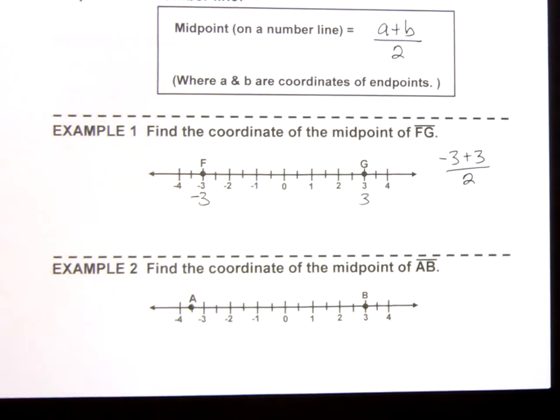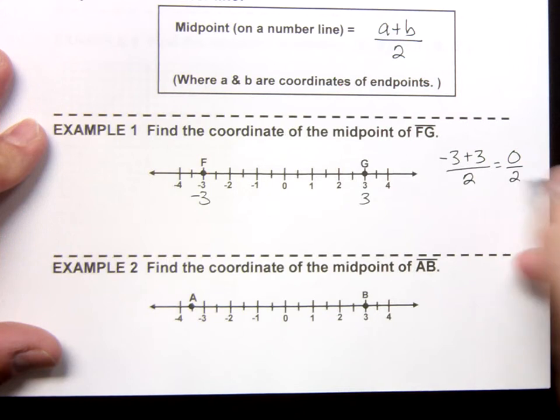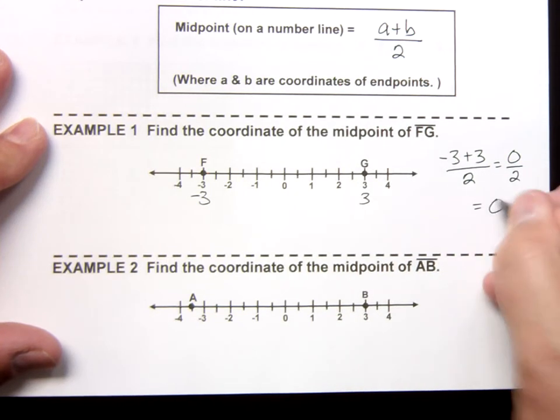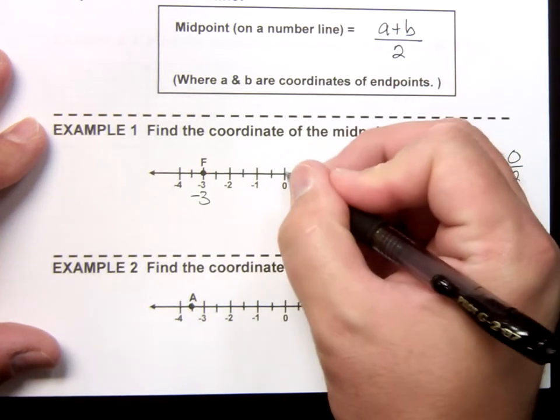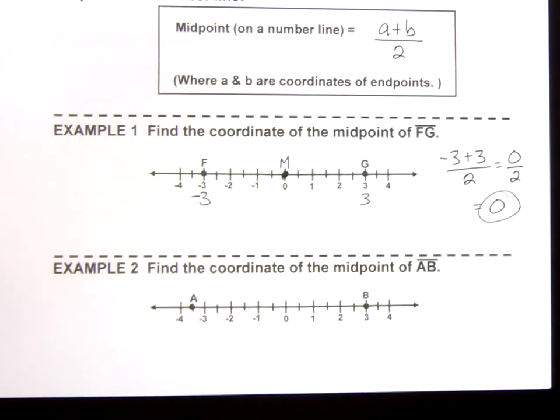I add the 2 endpoints together, divide by 2. So -3 plus 3 is 0, and 0 divided by 2 is 0. So the midpoint would be right here at point 0. That is perfectly in the middle between points F and G. It is the midpoint of line segment FG.